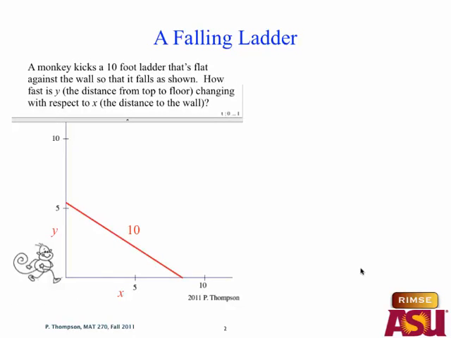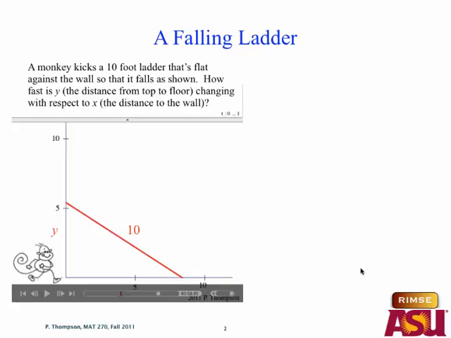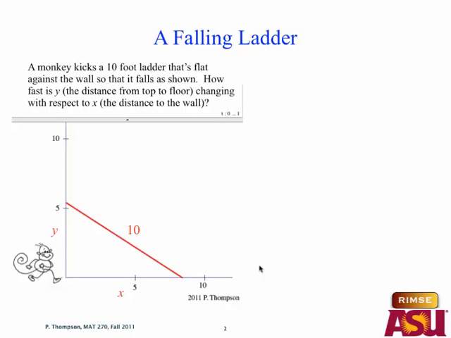So y is the distance from the top of the ladder down to the ground, and x is the distance from the wall out to the bottom of the ladder, and the length of the ladder is 10. Okay? So what are we asking for? It's saying how fast is y changing with respect to x? What are we looking for?